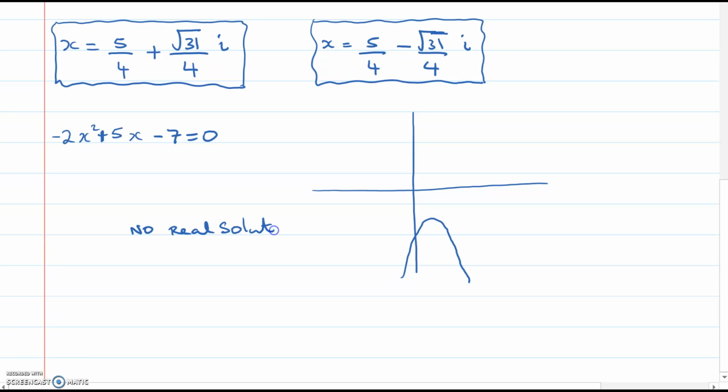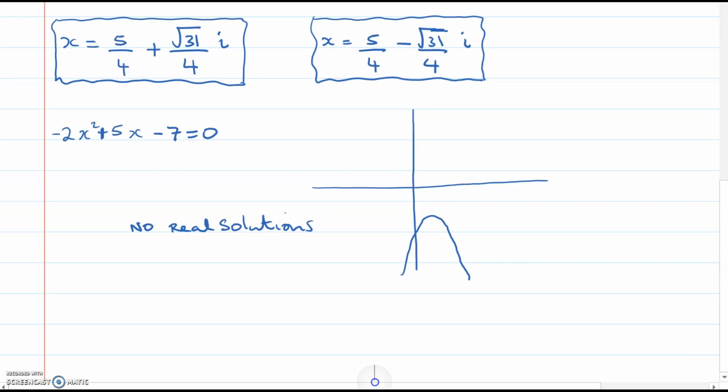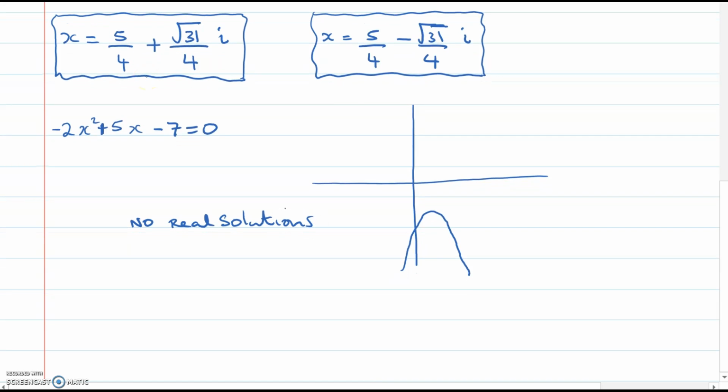Now we did get two solutions. X equals 5 over 4 plus root 31 over 4i, and x equals 5 over 4 minus root 31 over 4i. So these are complex solutions, and the other thing about them that we should notice is these two complex solutions are complex conjugates.